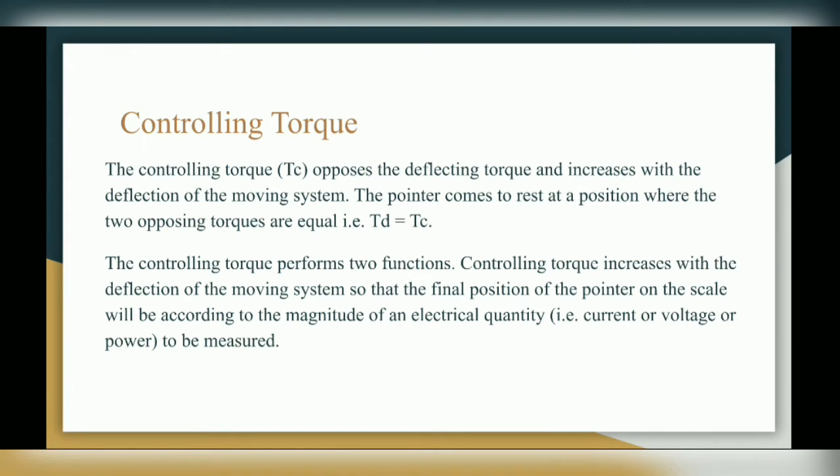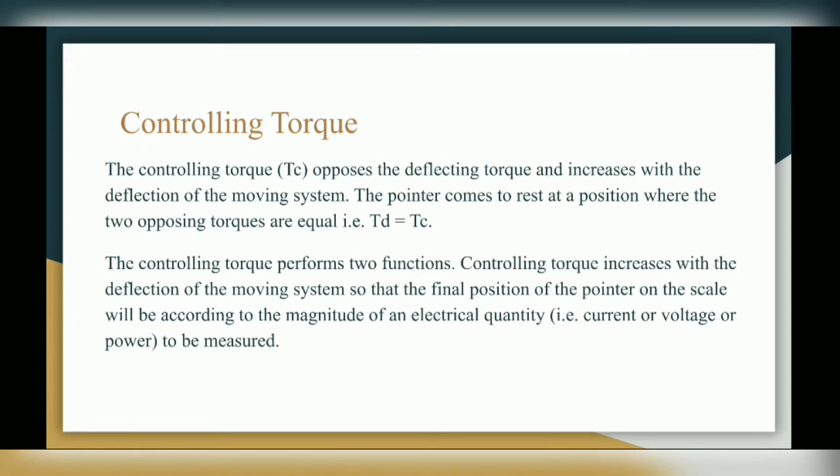Next is controlling torque. The controlling torque opposes the deflecting torque and increases with the deflection of the moving system. The pointer comes to rest at a position where the two opposing torques are equal, that is TD equal to TC. So controlling torque is used to control the movement of the pointer.